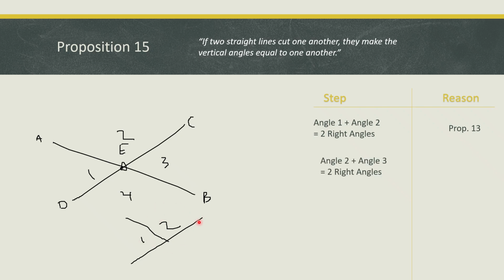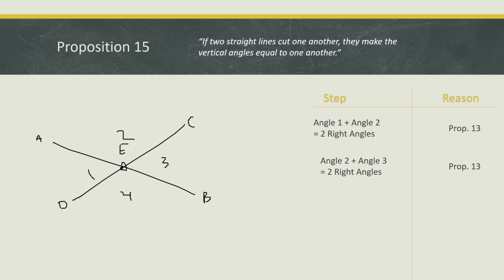That also means angle 2 and 3 are also two right angles, because angles 2 and 3 look like this, which is exactly what we just saw with angles 1 and 2. And it's by the same Prop 13. So that is true for all angles on this proposition.